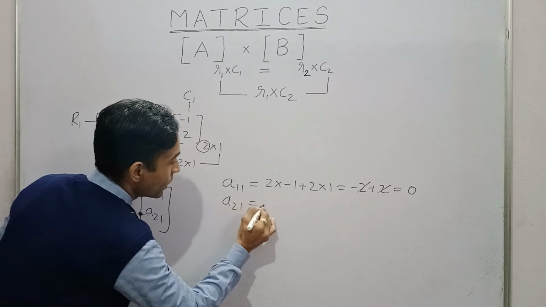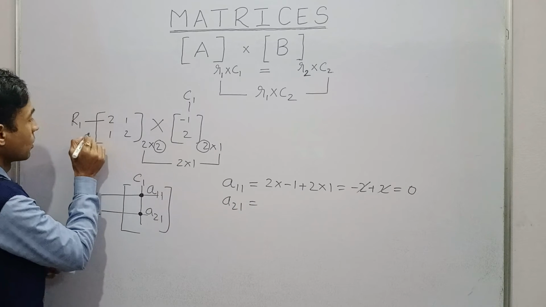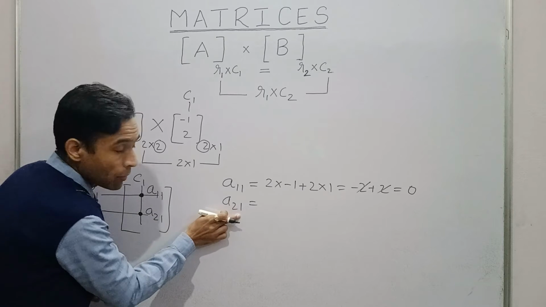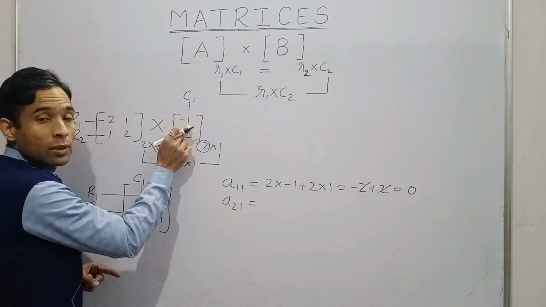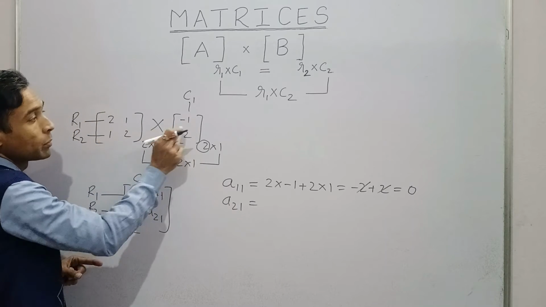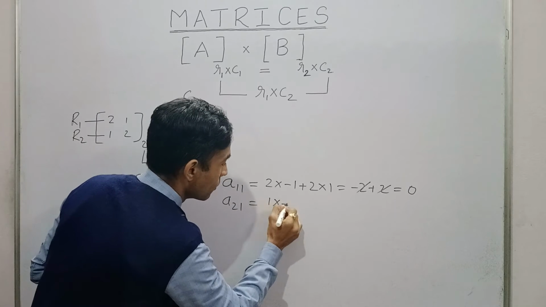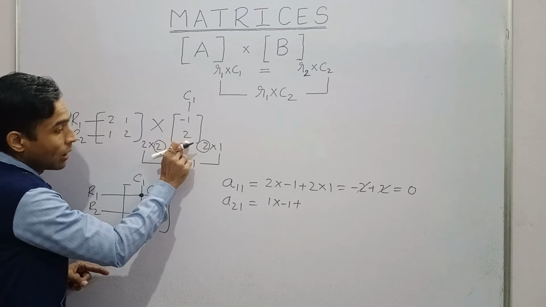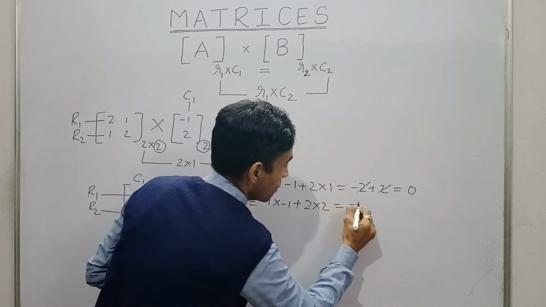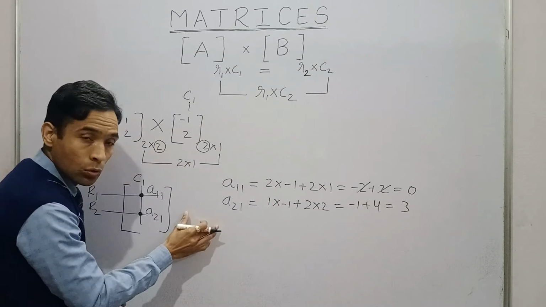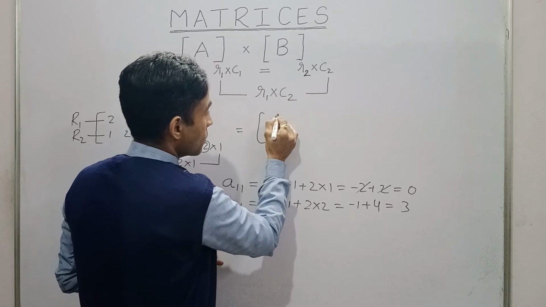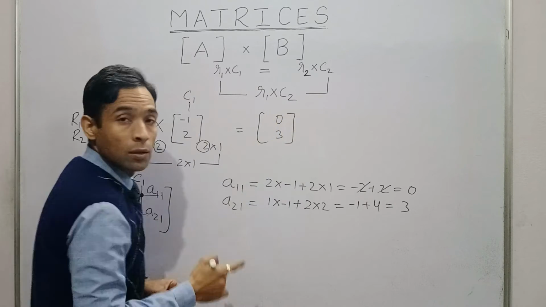Now A21, this means second row of first matrix multiplied to first column of second matrix. This one will be multiplied to minus 1 and this 2 will be multiplied to this 2 and we will add. So according to their positions, the resulting matrix is 0, 3.